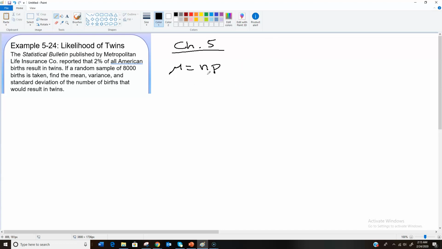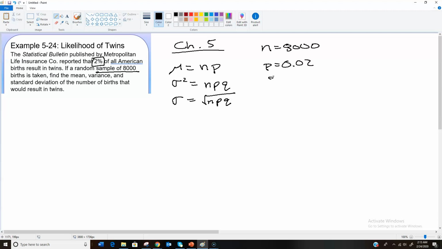So let's write everything out. The mean is n times p. The variance is n times p times q. The standard deviation is the square root of n times p times q. So in this case, n is 8,000. The p is 2%. And then be really careful with the q.